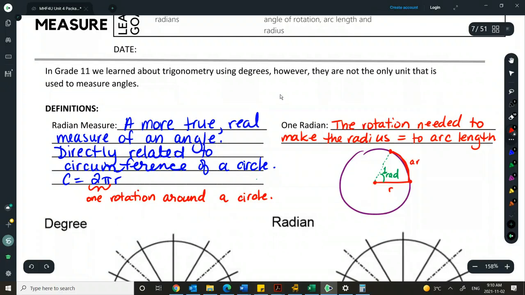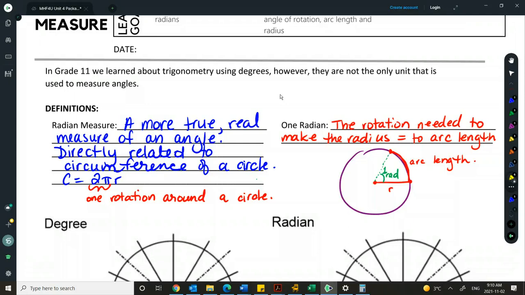Okay, and this is the arc length right here. So obviously one is a curved measurement and one is a straight measurement. So the best way that I can explain this is if we put a string here and then we take that string and we wrap it around here, we want those two pieces to be the same with that length of string. That's the idea.